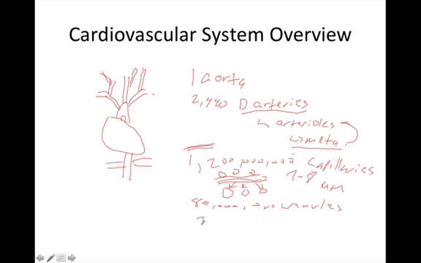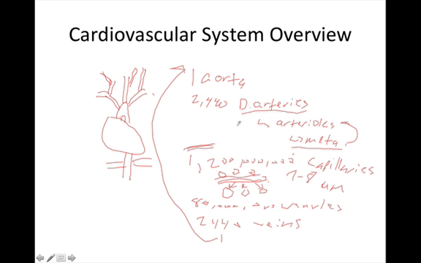And then we'll notice we're seeing a pattern here: 2,400 veins, and then we have one vena cava that has two major branches, a superior and inferior vena cava. And then this process starts all over again. All right, so basically by creating this system of distribution, we maximize our ability to deliver fluid and nutrients, and we maximize our ability to absorb waste products out of the tissues and circulate them around as well.